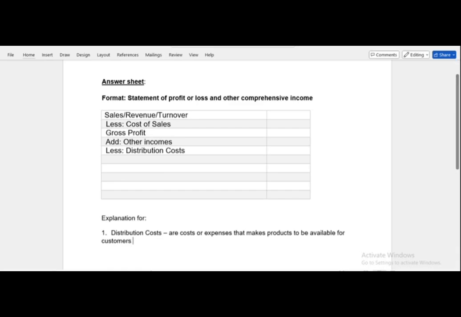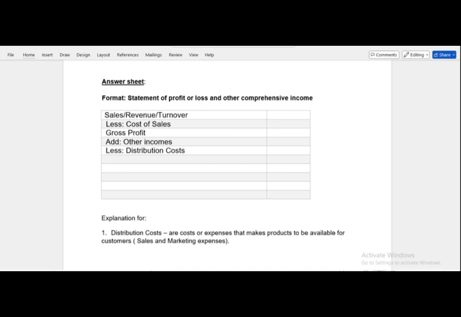Like I usually say, these are usually sales and marketing expenses, where we will have advertising, freight on sales, depreciation on delivery vehicle and all those.